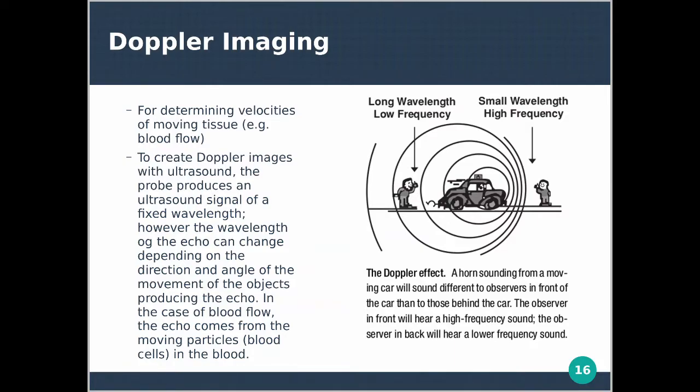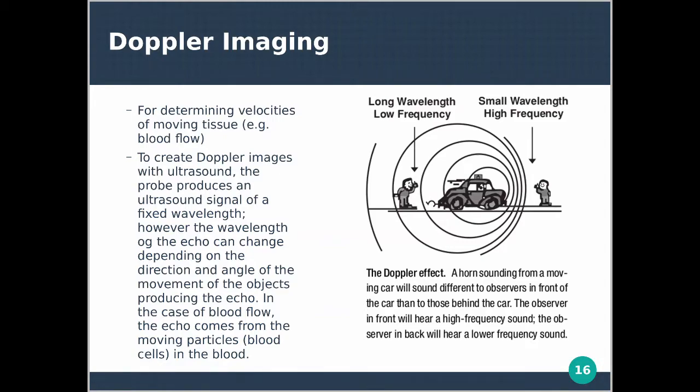To create Doppler images with ultrasound, the probe produces your ultrasound signal. This is another branch technique from ultrasound. You have your ultrasound signal with a fixed wavelength, and then the wavelength of the echo can change depending on the direction and angle of the movement of the objects producing that echo. For blood flow, the echo comes from the moving particles, which are your blood cells.